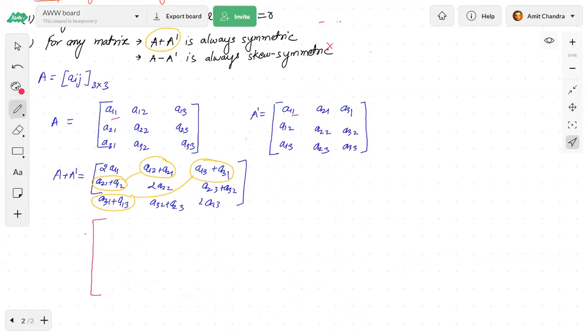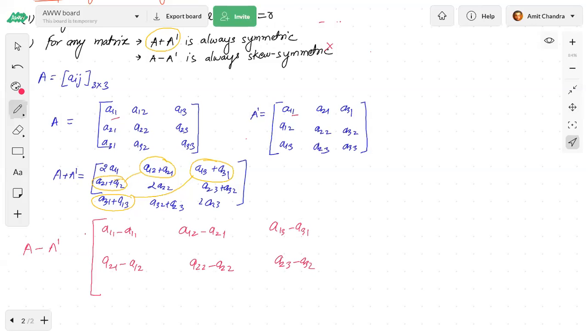So A minus A dash, A minus A transpose. A11 minus A11 will be 0. A12 minus A21. A13 minus A31. A21 minus A12. A22 minus A22. A23 minus A32.